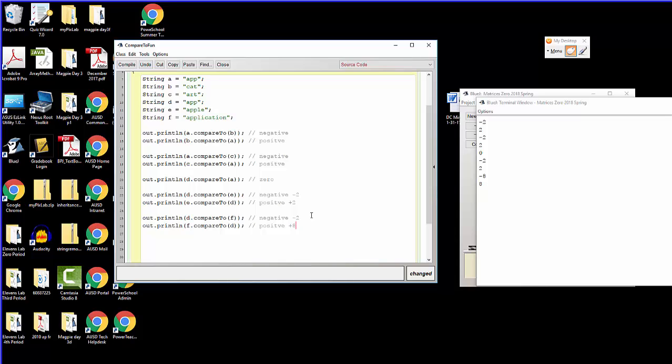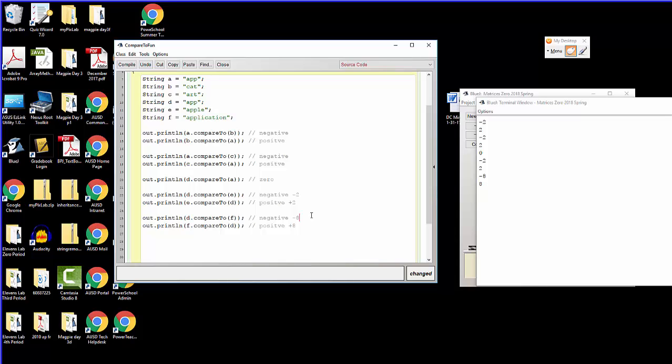It has to return something positive or negative, and the people that invented Java decided to make it the difference of the length of the strings.